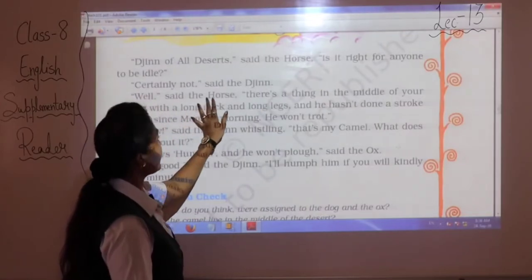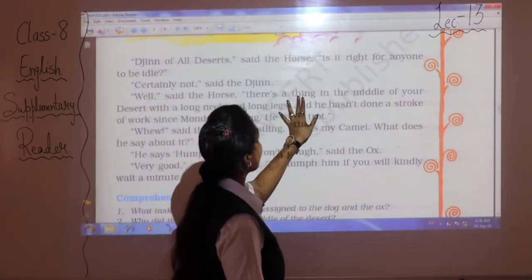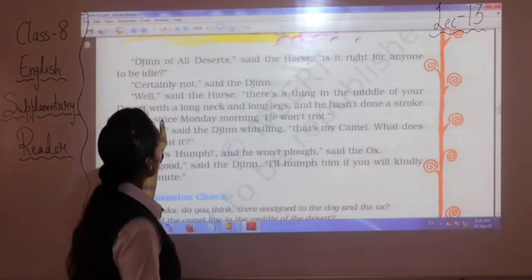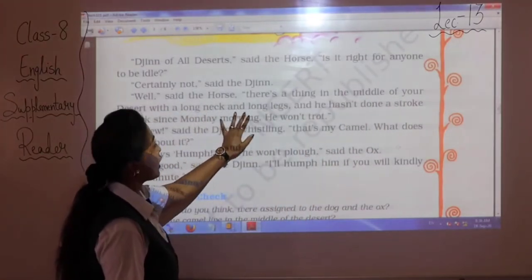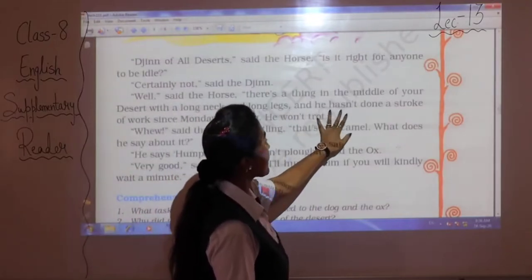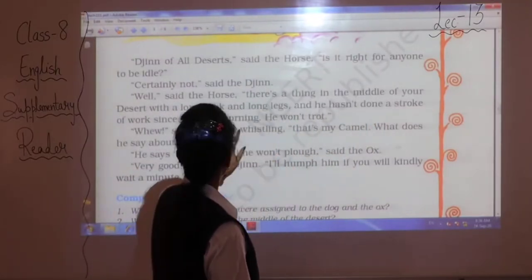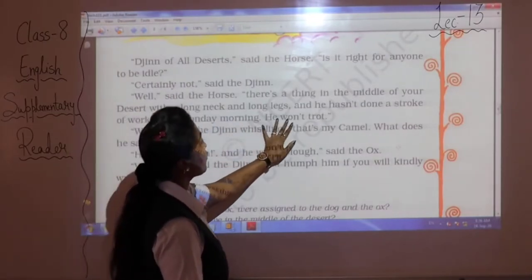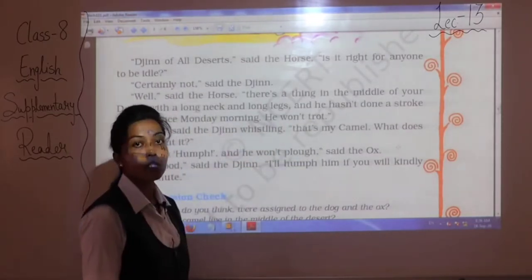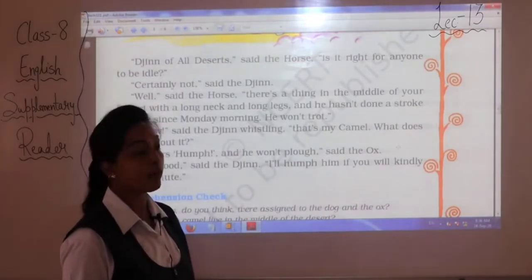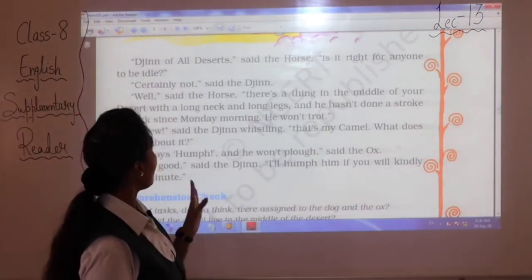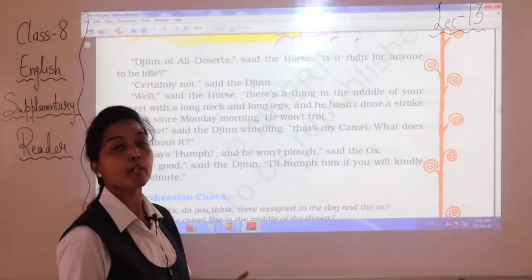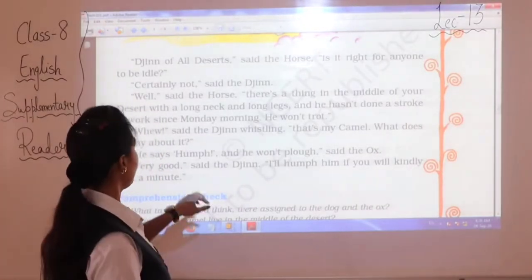"Well," said the horse, "there is a thing in the middle of your desert with a long neck and long legs, and he hasn't done a stroke of work since Monday morning. He won't trot." So he is talking about the camel, that from Monday morning his idleness only is, not doing anything.